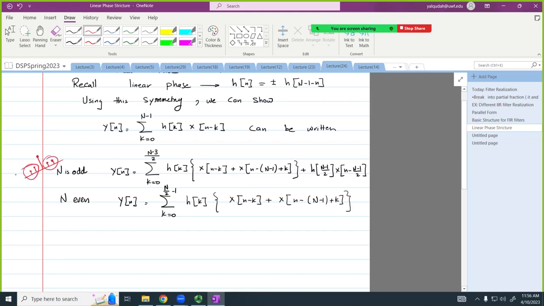These two and these two are combined, and that is the term that stays in the middle. So, for instance, if n is 7, then 7 minus 1 over 2 is 3. The fourth element is going to be that element there.